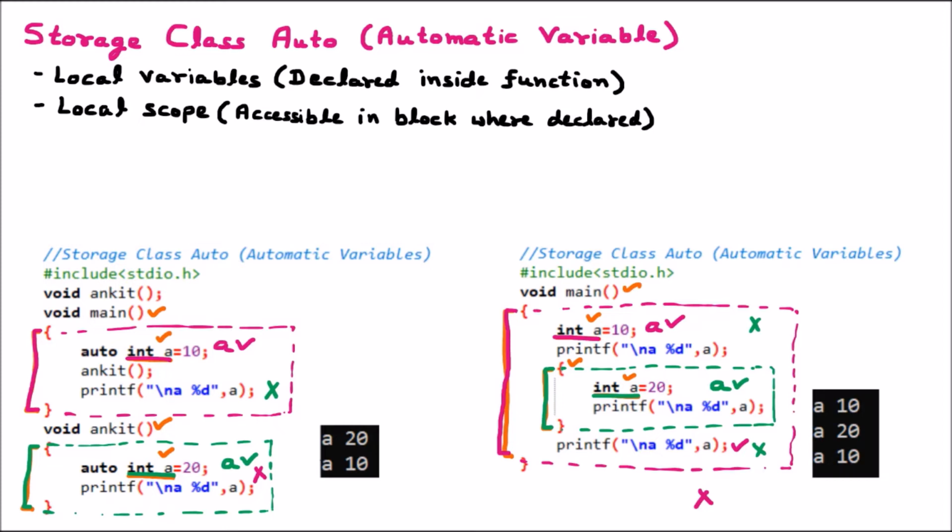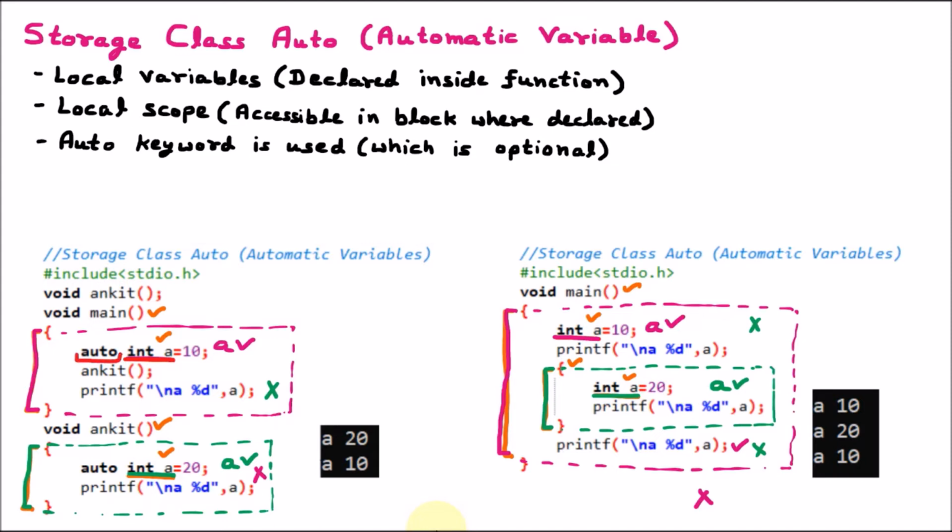For the storage class auto, or the automatic variable or the local variable, we use the keyword auto, and this auto keyword is optional. In the first program, you can see that I am declaring a variable int a. Before that, we are using the keyword auto.